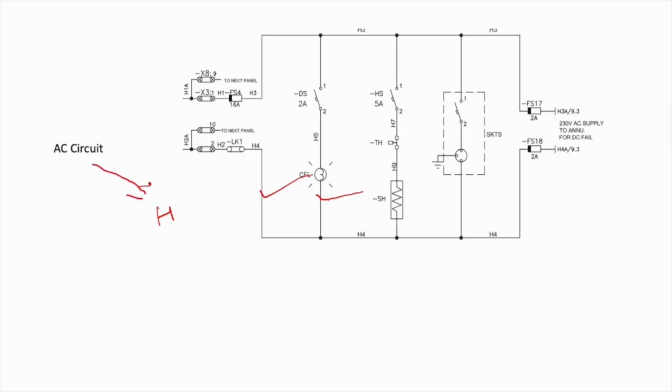All the ferrules with H, like H1 or H2, for example, are AC. H1 represents ground, and H2 represents neutral. Both are needed in an AC supply. You can see this here. This is H2, this is H1.